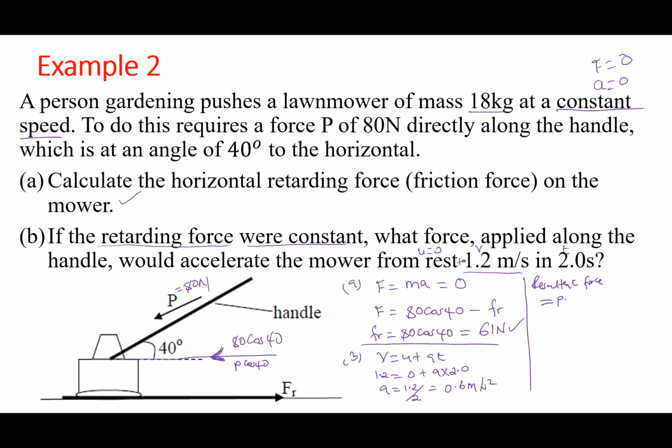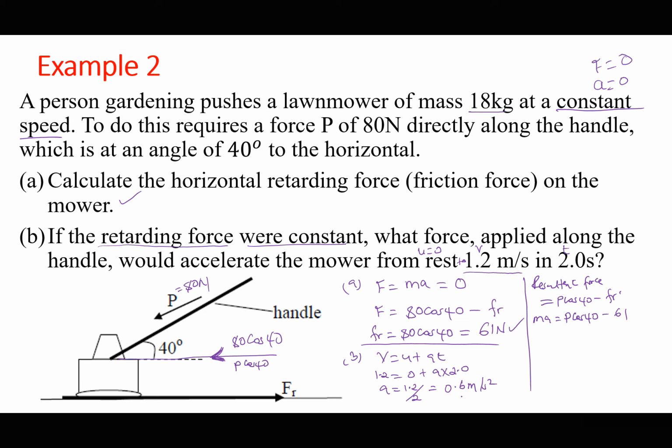So it will be P cos 40 minus the frictional force. That should be the resultant force. But of course, the resultant force is mass times acceleration. So ma should be equal to P cos 40 minus the friction, which is 61.